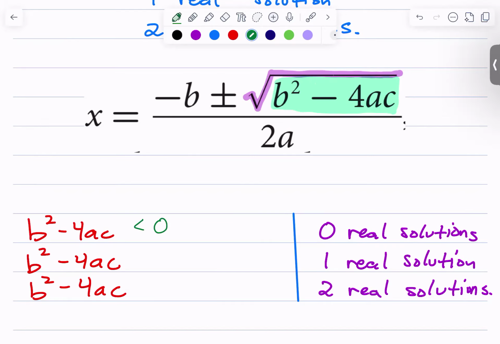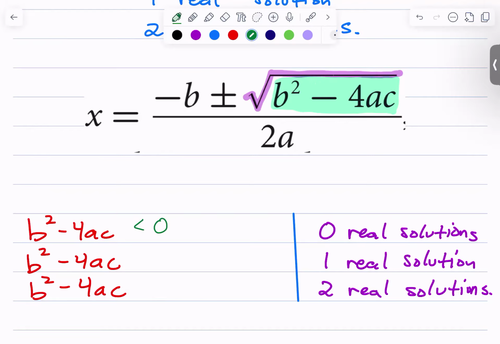There's 0 real answers, 0 real roots, because the square root of a negative number does not exist. If you put it on your calculator, it'll say undefined or no solution or domain error, something like that, which all means the same thing. It does not exist.